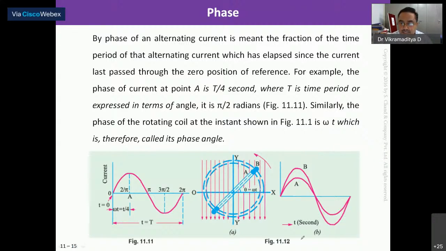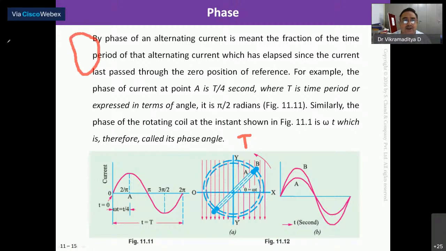Now you see that time is changing, and capital T means one cycle. Everybody agrees? One cycle means that whenever I say one cycle, the end point and the beginning point are meeting.